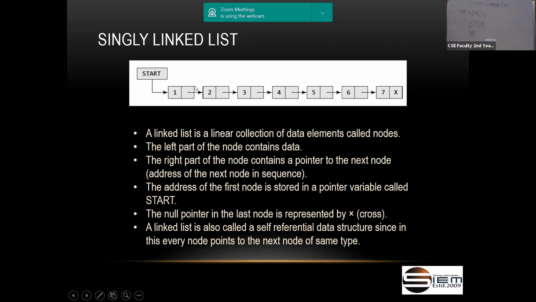If this node is storing an integer, this node is also storing an integer. The next part is storing an address, and here also the next part is storing an address. So one node is pointing to or referring to another node of the same type. Hence, it is also called a self-referential data structure. Are all the points clear to you?